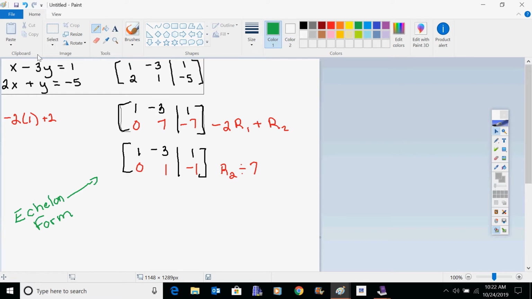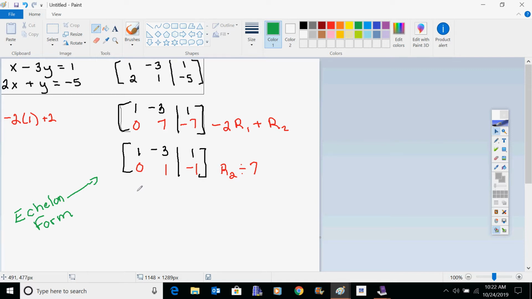So remember up here, this matrix actually represented 1x minus 3y equals 1. And this one represented 2x plus 1y equals negative 5. What does the bottom row here represent? 0 times x.